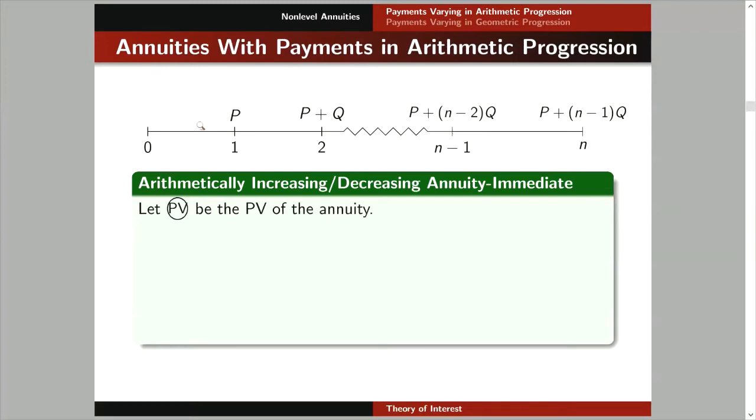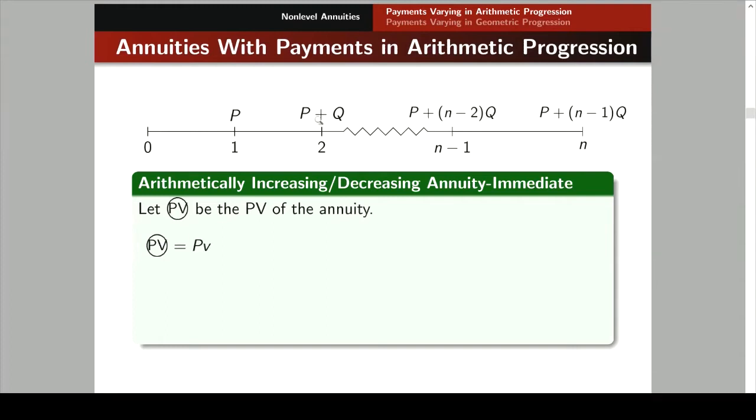To get it, we're going to carry each of these payments to time 0, one by one. The first payment is P. How are we going to carry it to time 0? We multiply P by the discount factor v. So that's why we have Pv.